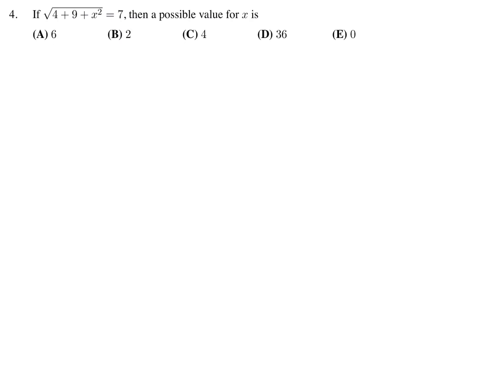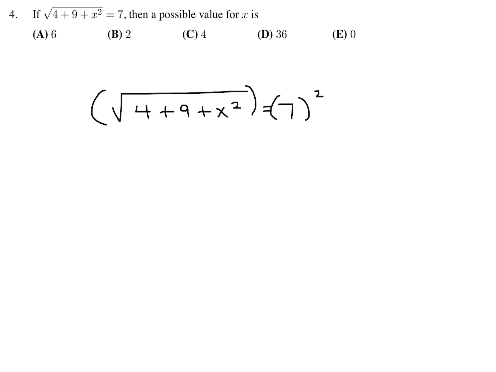If the square root of 4 plus 9 plus x squared is 7, then a possible value for x is... The first thing you can do is square both sides, and that gets rid of the radical.